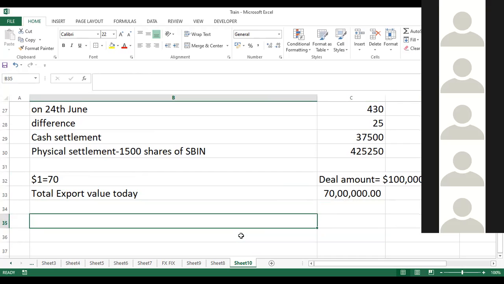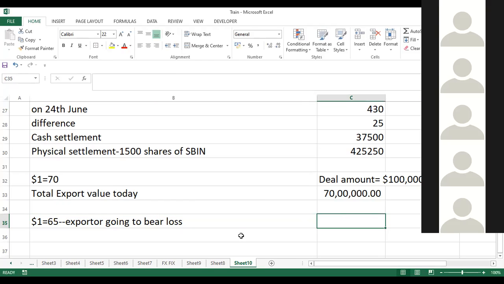So if $1 becomes 65 or any other number for that matter, the exporter is going to bear a loss, that is 5 lakh rupees, you can say. That is the loss.